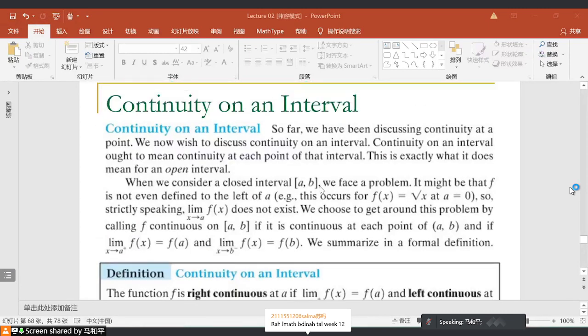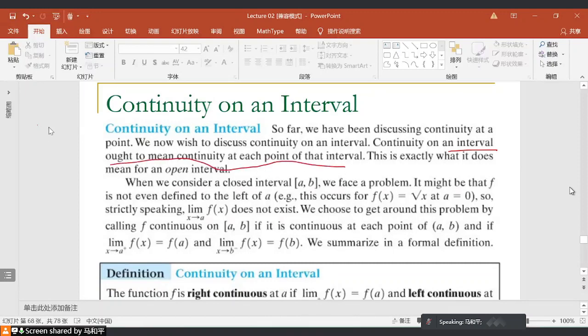Okay, now we just learned continuity at a point, and then we will learn continuity on an interval. Continuity on an interval ought to mean continuity at each point of that interval.